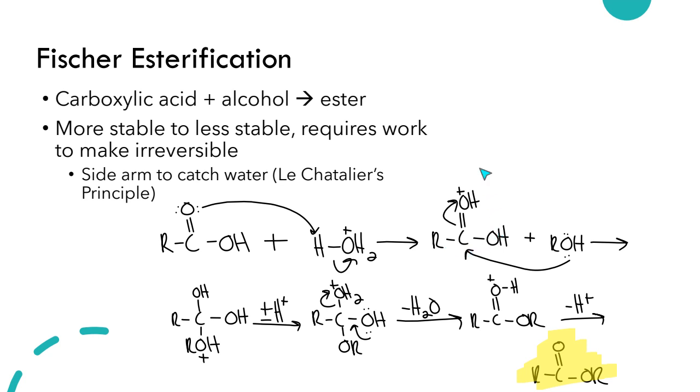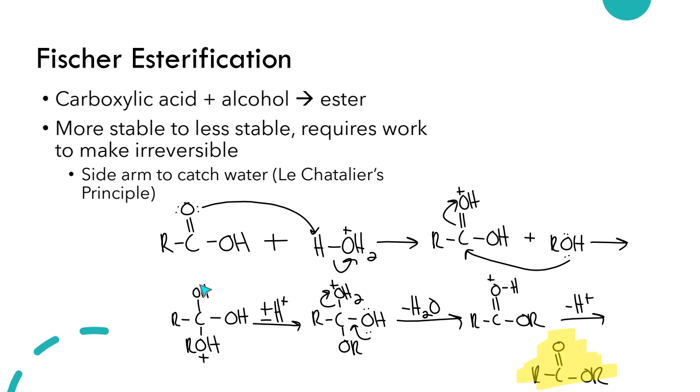So a lone pair of electrons from the alcohol will attack the carbon, break this double bond, and these bonding electrons will go to neutralize the positive charge. And I end up with this here. Again, OH groups very much like to be protonated so they can come off. So the hydrogen from the alcohol I just added will transfer to one of these OH groups, it doesn't matter which one, to form water.